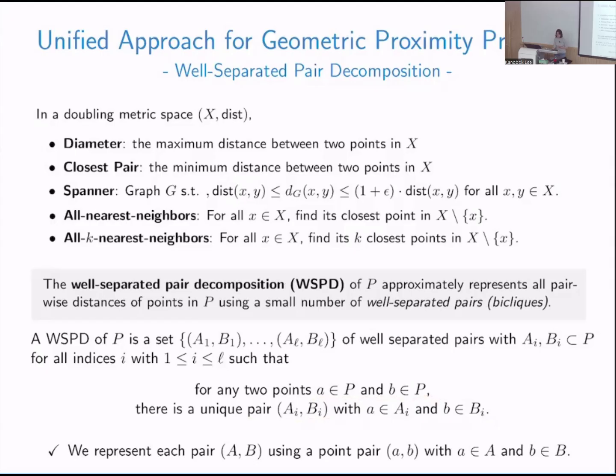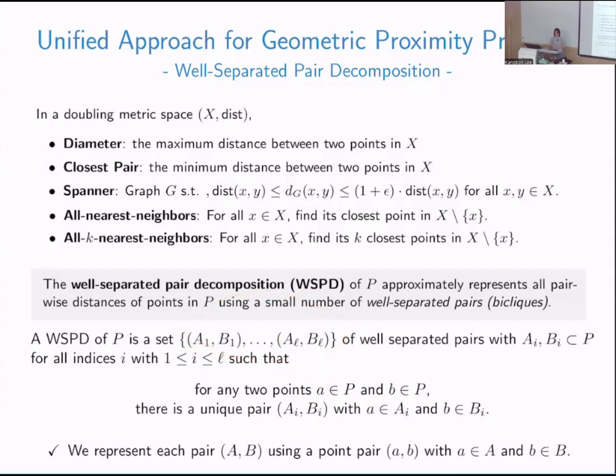For any point pair a and b, their distance is covered by one of the L pairs. In this case, we say that those pairs define a well-separated pair decomposition.